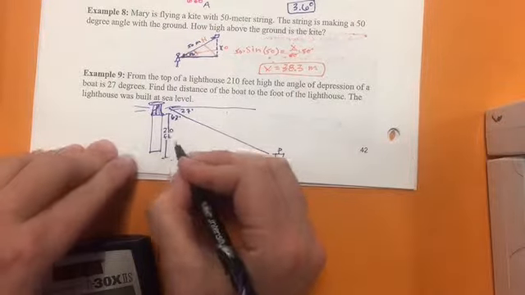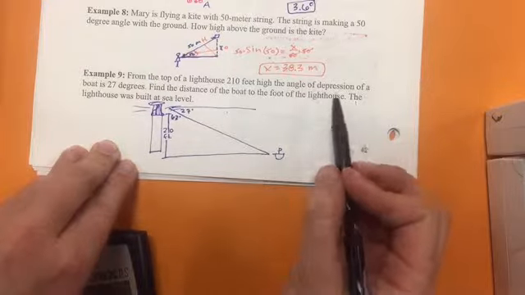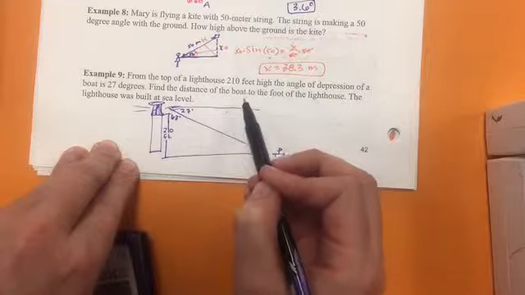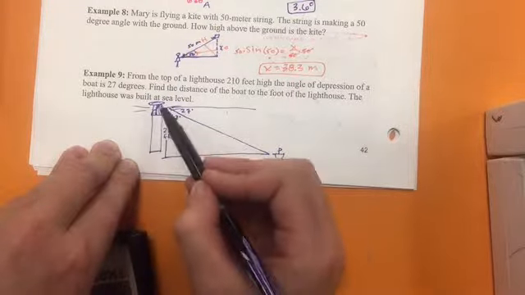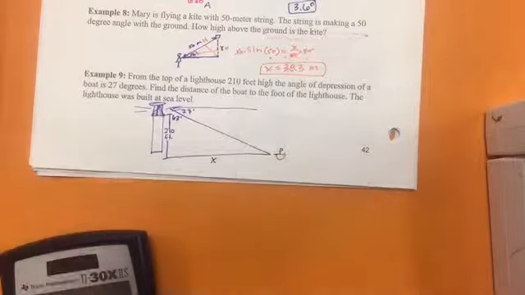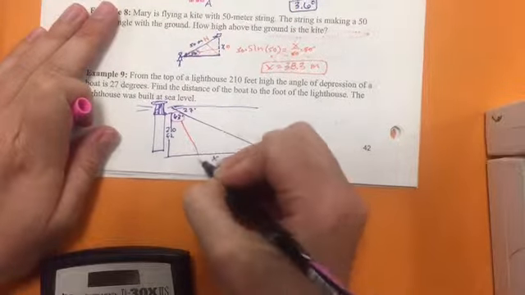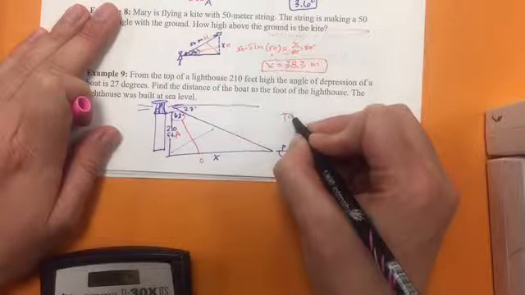Then I can use the 210. Find the distance of the boat to the foot of the lighthouse. The lighthouse was built at sea level, so it makes it easy. It's a straight shot. X. Angle. Opposite, no hypotenuse, adjacent.